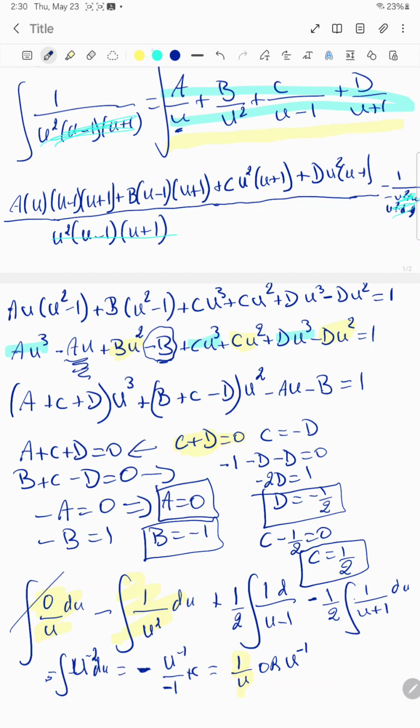So now I will take this integral that is here. That integral 1 divided by u minus 1 is equal, the 1/2 I keep it because it's outside the integral, plus 1/2 ln of u minus 1, minus 1/2 ln of u plus 1.